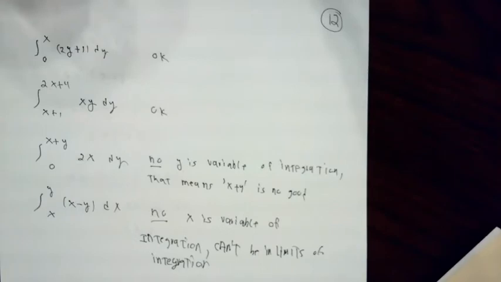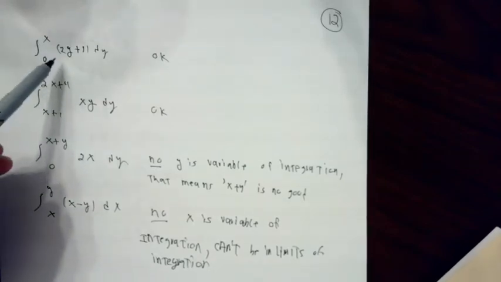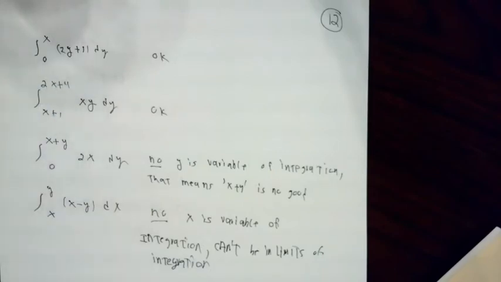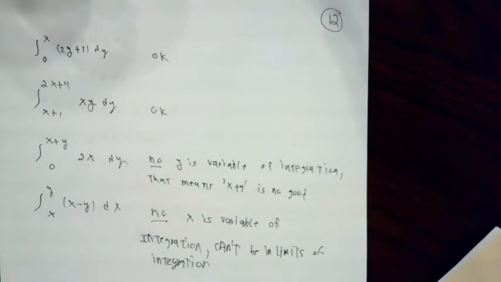So, for example, you can look at several different types of integrals. You could look at the integral from 0 to x of 2y plus 1 dy. y is the variable of integration. The y must not show up in the bounds of integration, and it doesn't, so everything's fine.